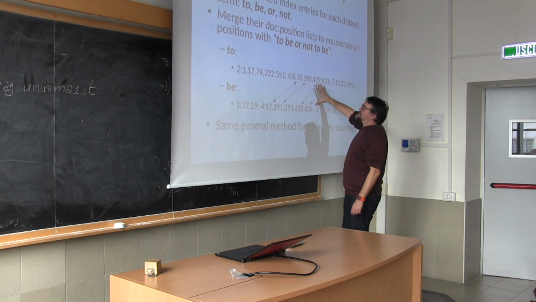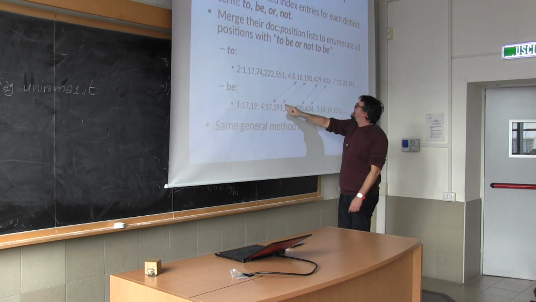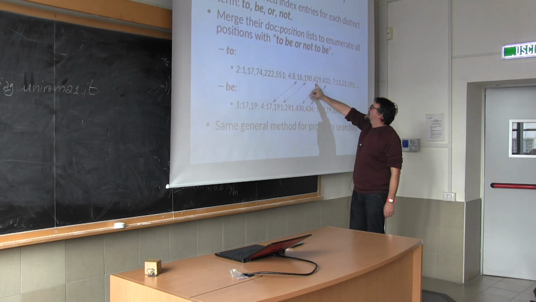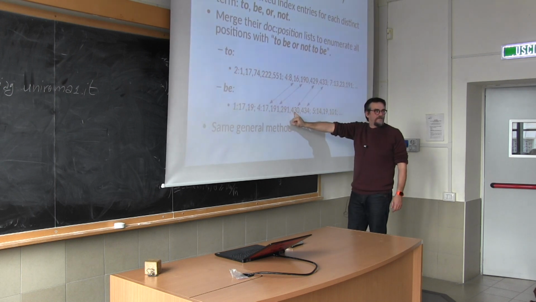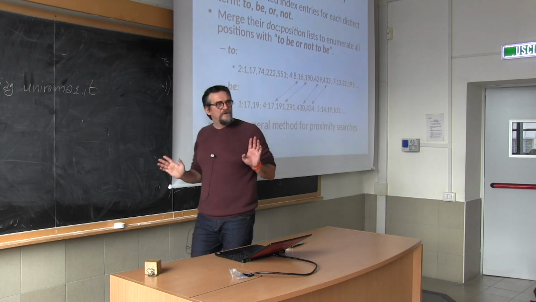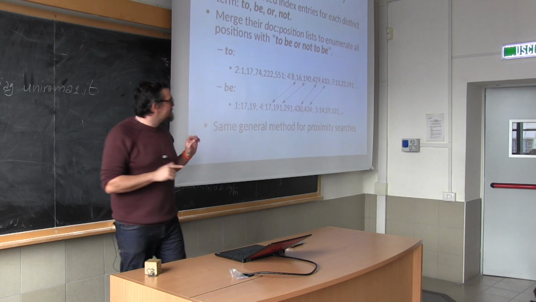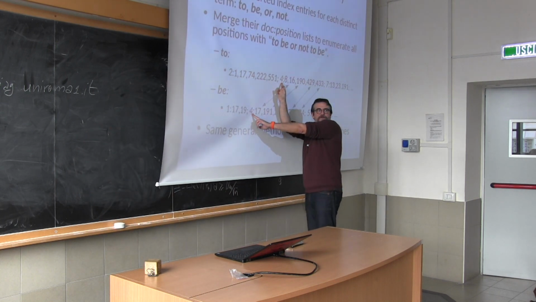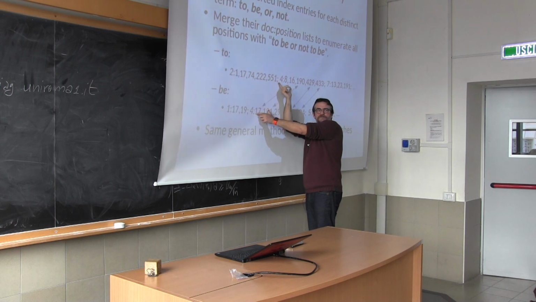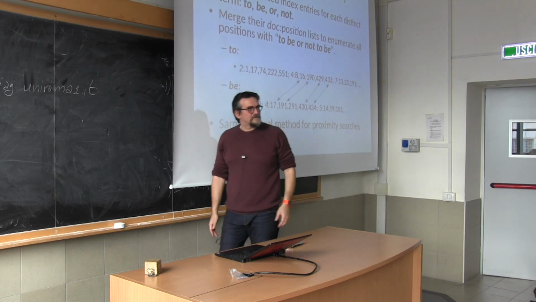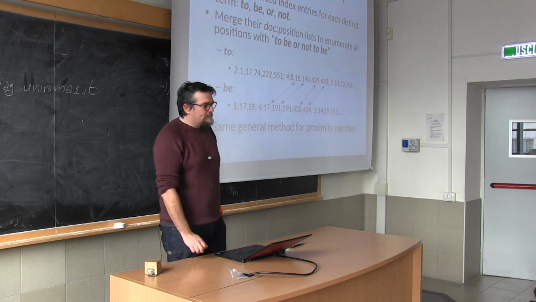So among all the possible solutions, only these, because it's 190, 191, 429, 430, and so on and so forth. Okay? The concept is exactly the same we saw before, but now it's not sufficient to see that this term is in both the documents. We also need to consider the position. And this is for "to be" or "not to be", etc., and so on and so forth. Okay?